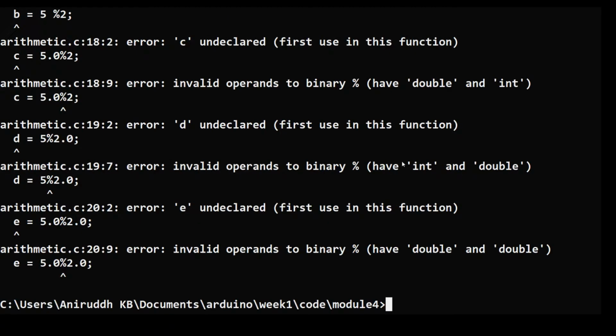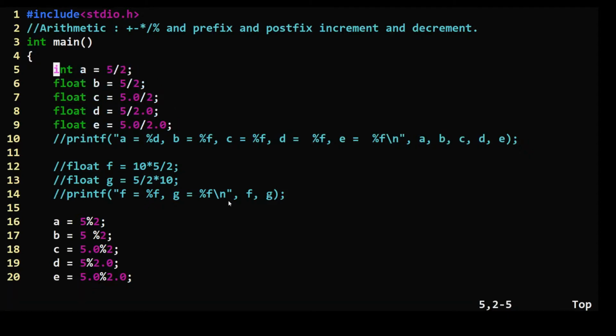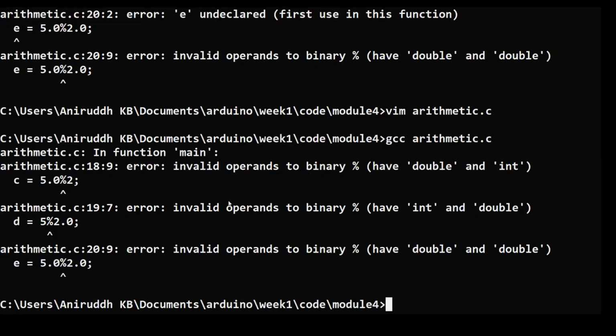Now here we have an error. Multiple errors. Let's see what my error was. I see. First, let's bring these back. Now see, invalid operands to binary modulo.